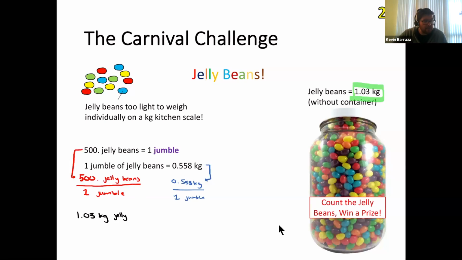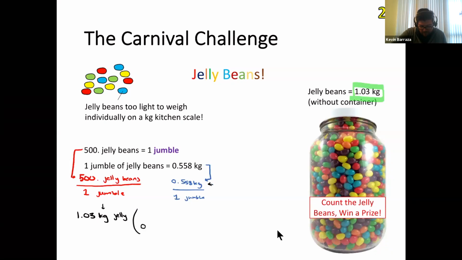Now I use my conversion factors to get to my desired unit, which would be the number of individual jelly beans. Again, we start utilizing similarities in our units. I see kilogram, kilogram as a connection. They're both units of mass.